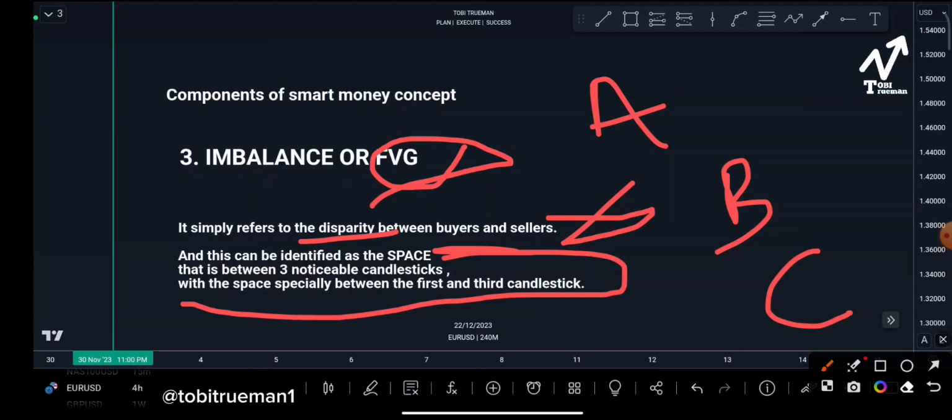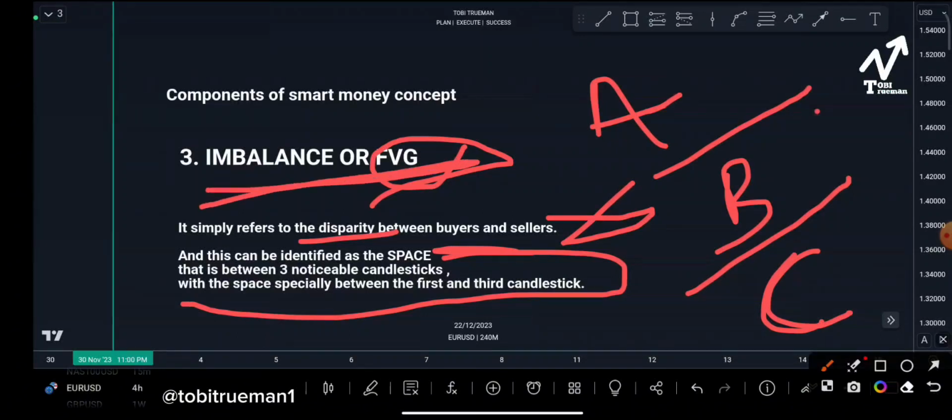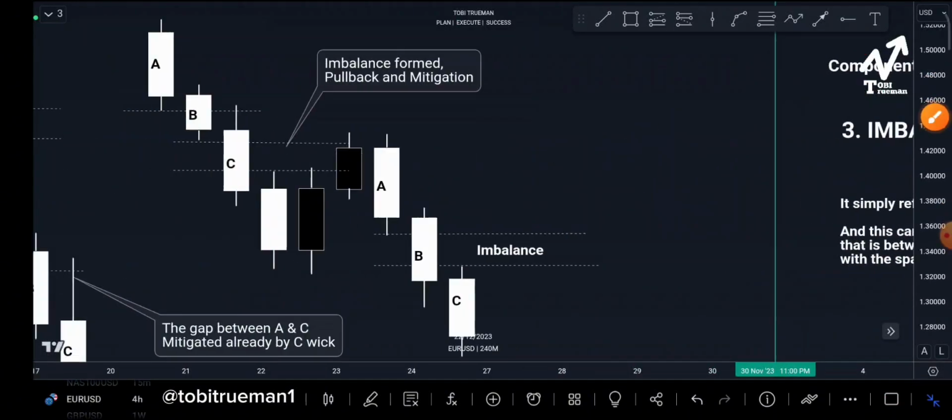So the imbalance we'll be talking about will be between candlestick A and candlestick C. Candlestick B will not be our gap. This imbalance or FVG, people also refer to as a gap. It doesn't matter what name you call it; what is important is knowing it and being able to apply it on chart. So let's go to the chart.